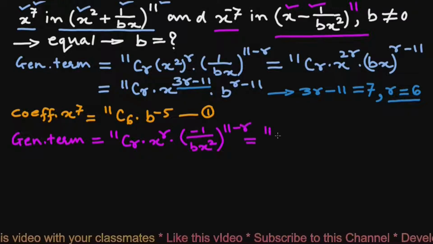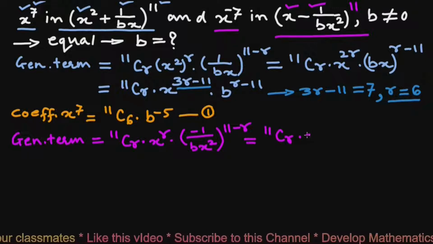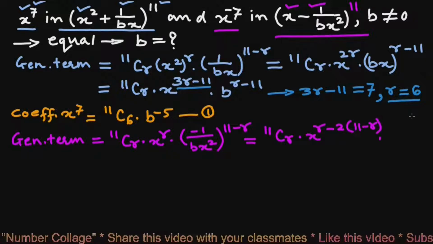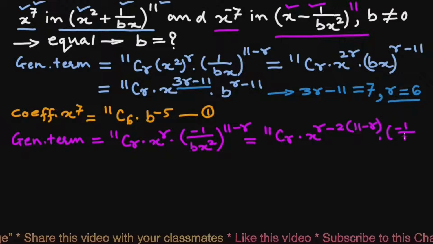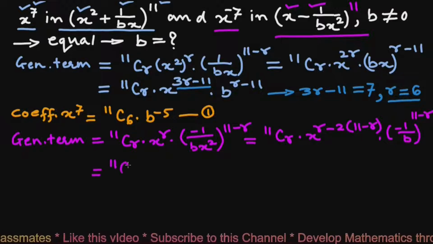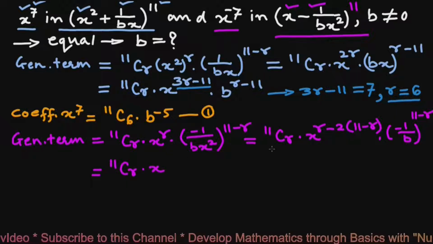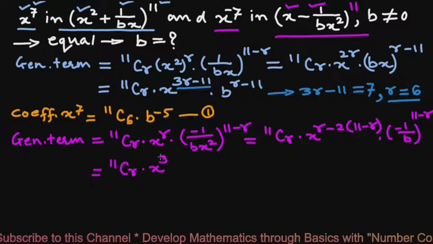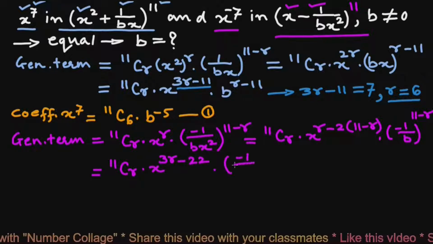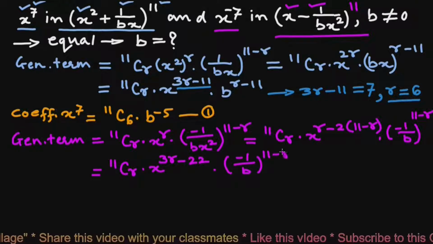That will be 11Cr into x^(r - 2(11-r)) into (-1/b)^(11-r). That will be 11Cr into x^(r+2r), that is 3r - 22, into (-1/b)^(11-r).